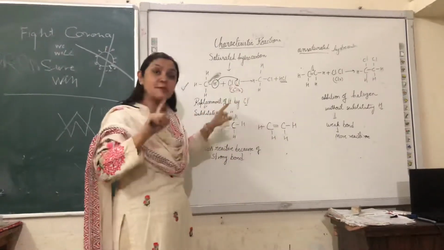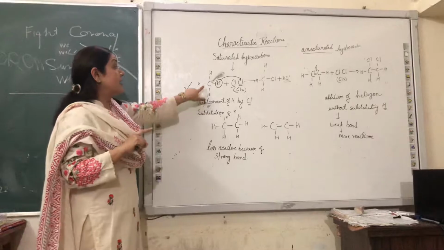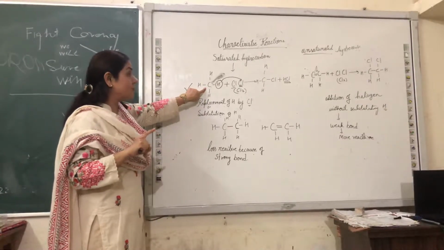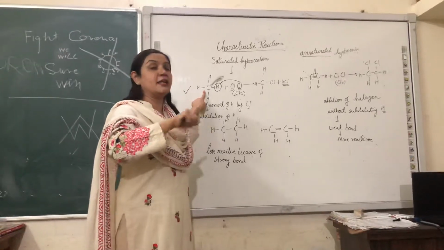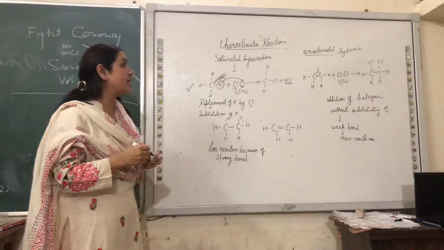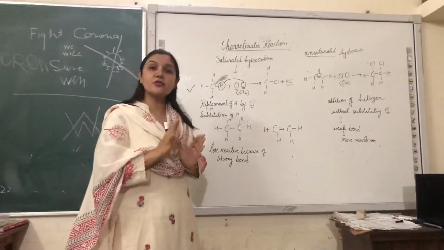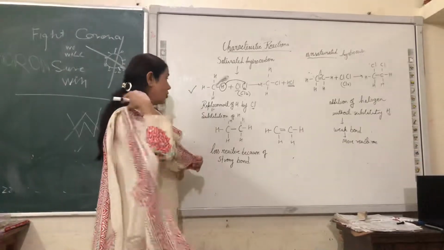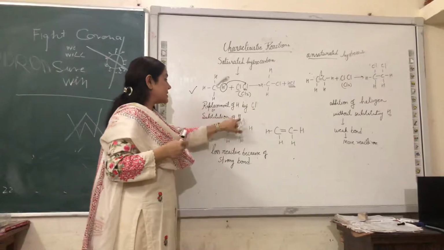Firstly, you will have to substitute, as I have already explained in the last lecture. First of all, you will have to make the methyl from methane. Then only this reaction is possible. This type of reaction is known as the substitution reaction, performed by the saturated hydrocarbon only, in which H is replaced, or substituted, by the Cl.